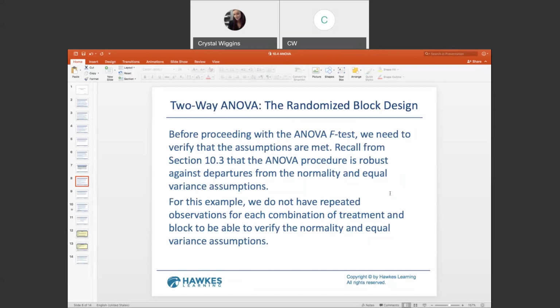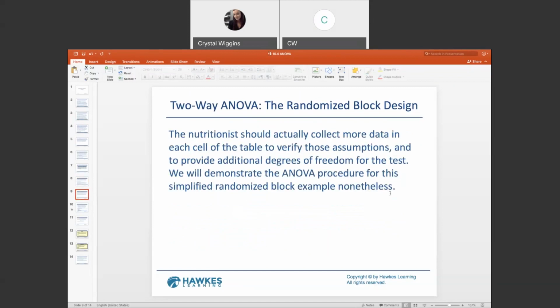So this makes it very difficult for us to verify these assumptions. Ideally, we would have to collect more data values in order to determine those assumptions. So the nutritionist should actually collect more data in each cell of the table to verify those assumptions and to provide additional degrees of freedom for the test. We will demonstrate this procedure regardless using a simplified randomized block example nonetheless.